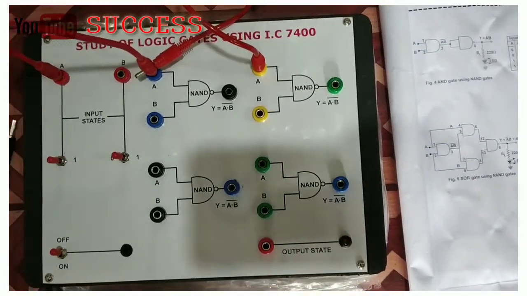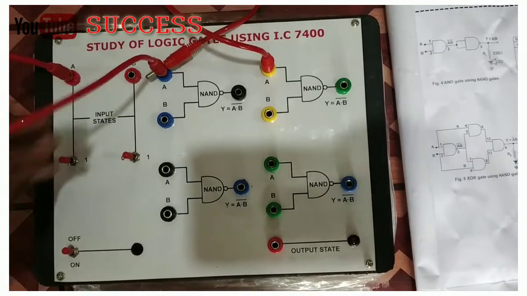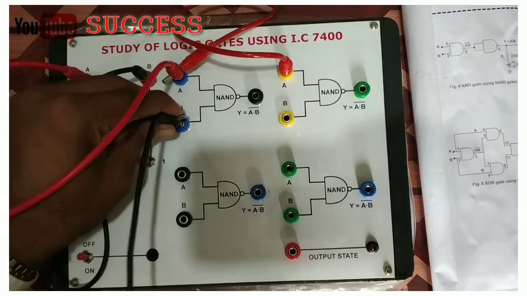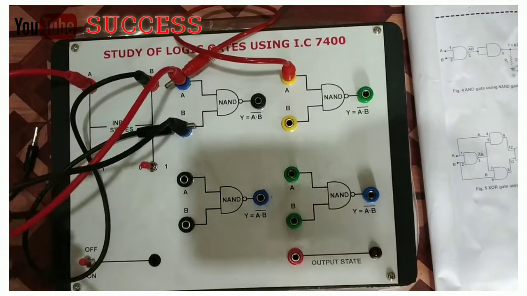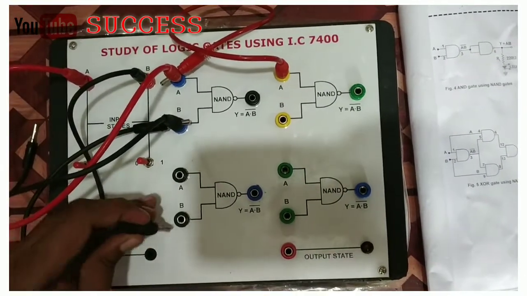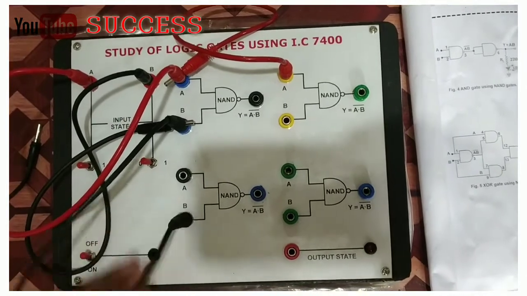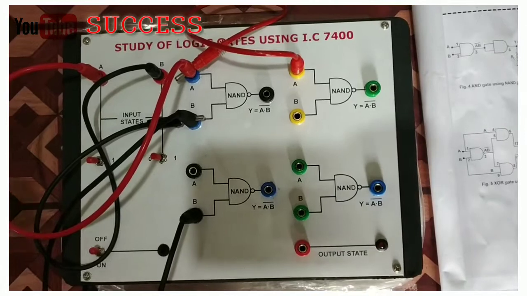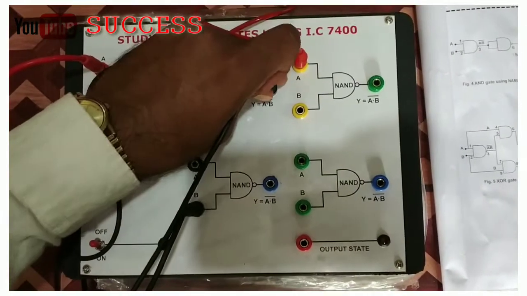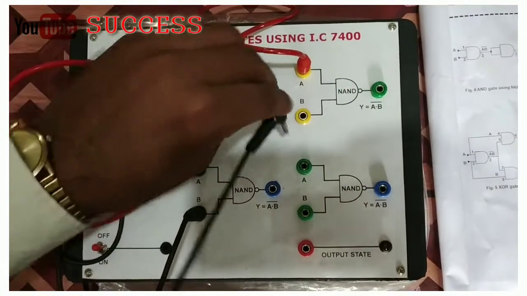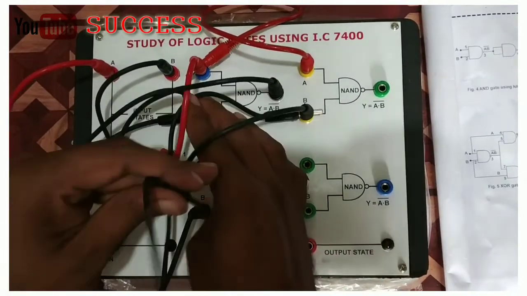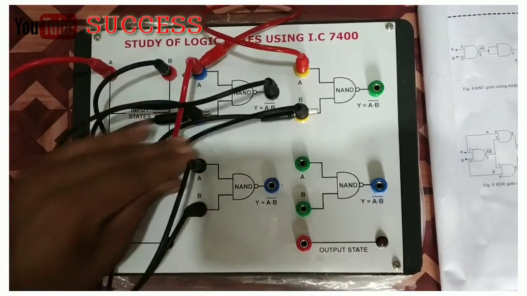Similarly, connect input B to the NAND gate input B, and connect that input to the other input of another NAND gate. After that, the output of this NAND gate is connected to the input of this NAND gate B and the input of the NAND gate A.